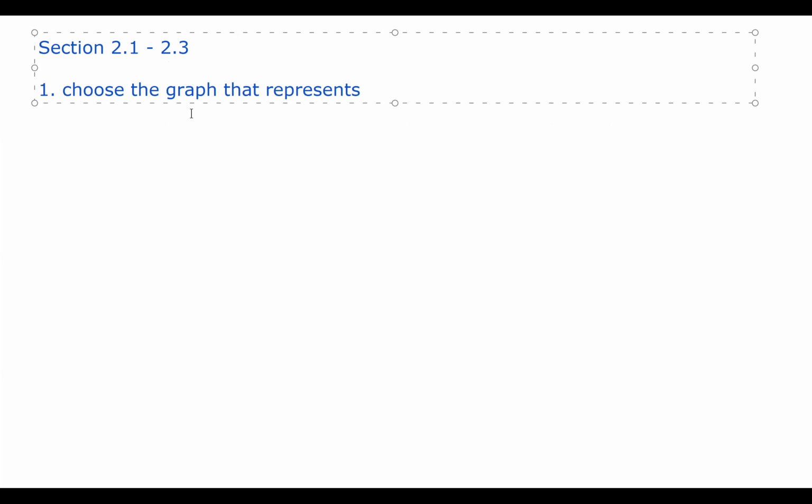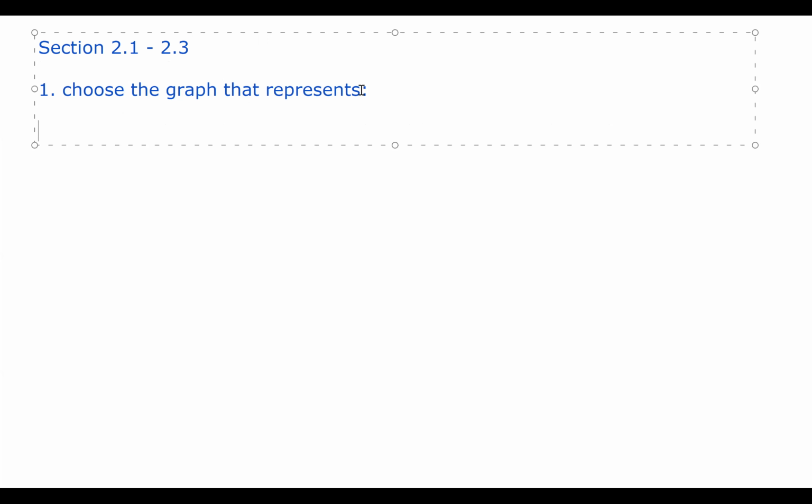So the first two questions, number one, choose the graph that represents, and we will have two items, A and B. So this is A and this is B. Each item will have its own set of pictures.